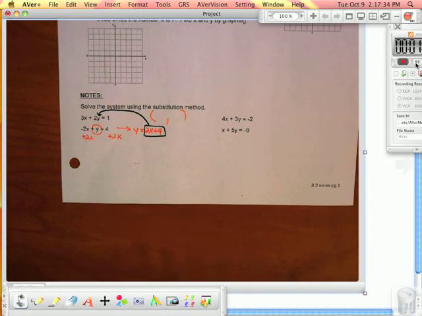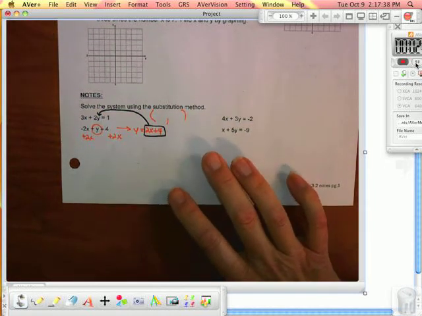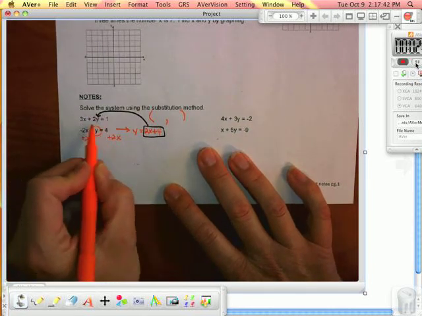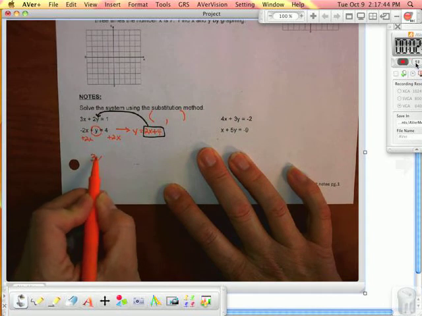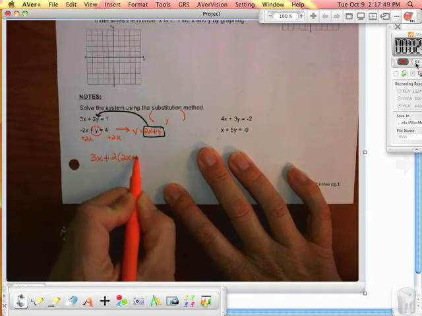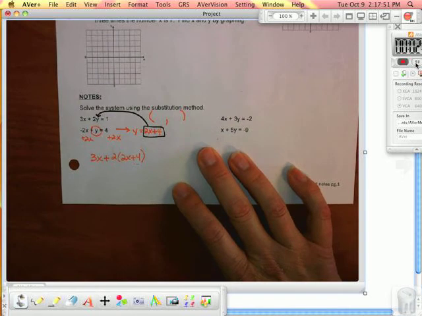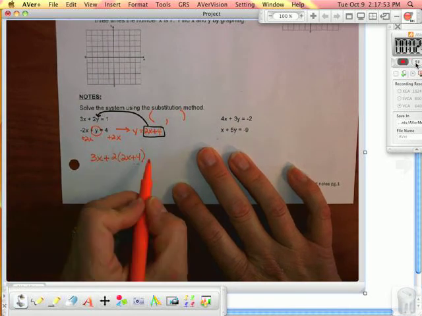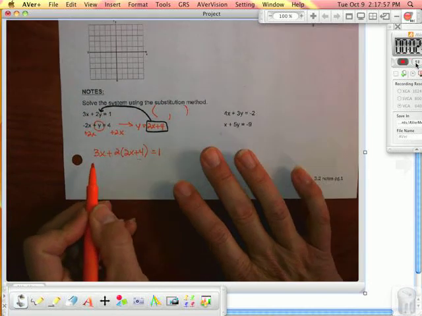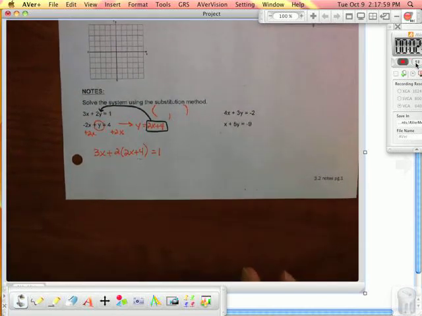Because y equals that, and it'll give me all x's when I do. So watch. Now I'm going to write this equation over: 3x plus 2 times this stuff. You have to use parentheses. 2 times that stuff equals 1. Look, I only have x's now. I can solve for x. That's why we do it.